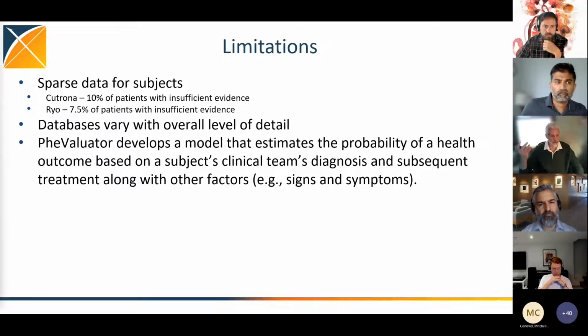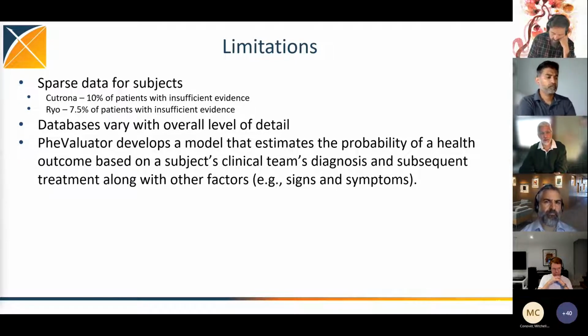So some databases have a lot of information that are good. You might see more drugs in certain databases than others, that type of thing. One of the things that we found, and there's a subtle difference between what PheValuator is doing and possibly what the clinical validation was doing.